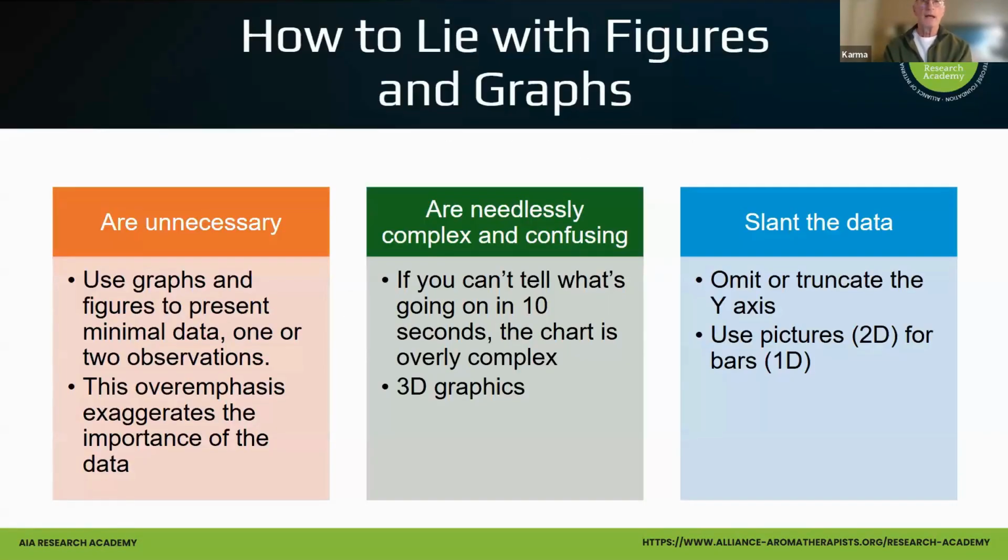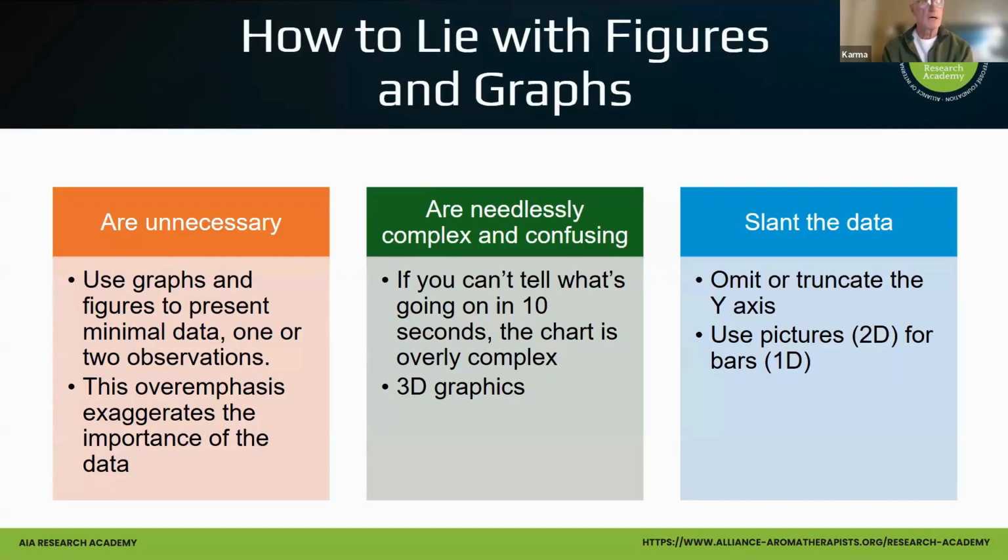Okay, how to lie with figures and graphs. If they're unnecessary, they present a lot of data. And sometimes you see figures and graphs that present minimal data, even only one or two observations. Well, it's much better to just say that in the text.